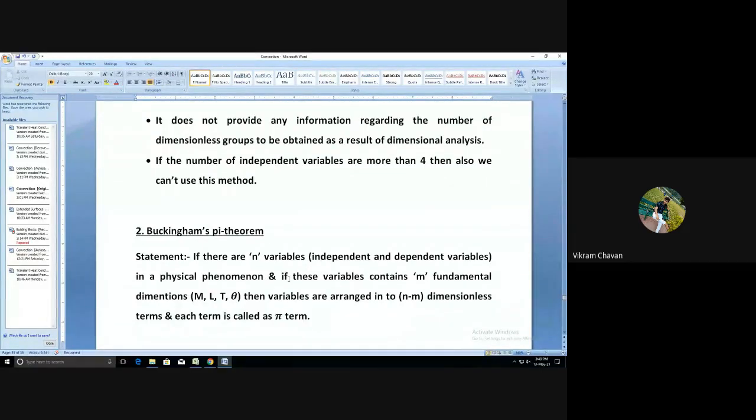then variables are arranged into n minus m dimensionless terms, and each term is called a pi term.